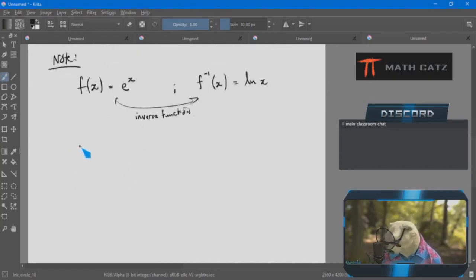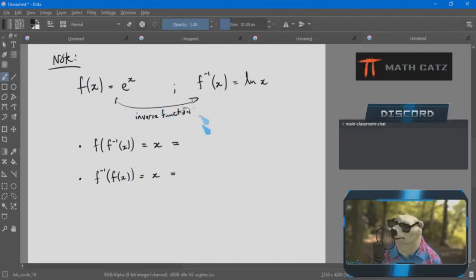So that means that if I do one inside the other, I should get x back. And if I swap the order in which I do that, I still get x back. They cancel each other. Now, if I forget the name f and use the actual functions, let's get rid of these dots and write it on this side.